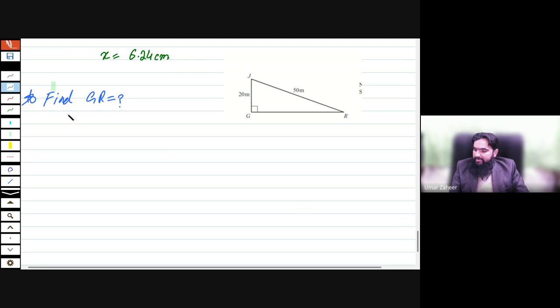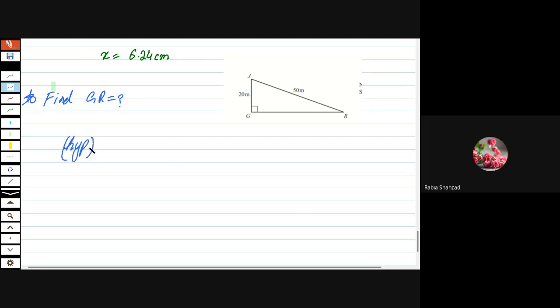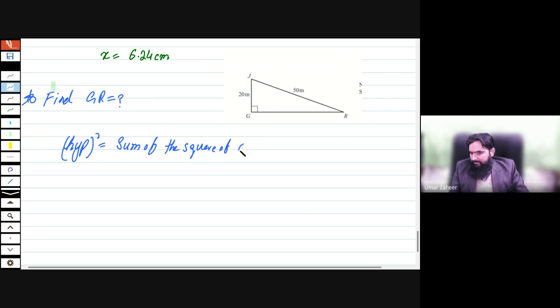Can you please tell me the statement? The hypotenuse square equals the sum of the squares of the other two sides. What is the hypotenuse here?